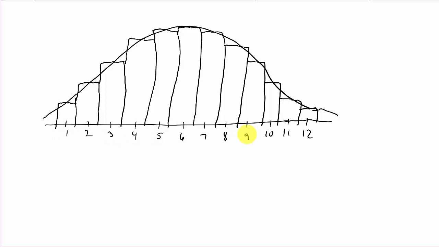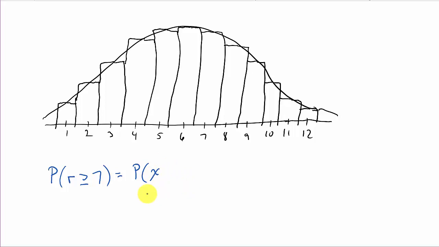Suppose we want the probability that r is greater than or equal to 7. Remember, r is our discrete random variable, but we're going to make a continuity correction to our continuous random variable, x, for the normal distribution.